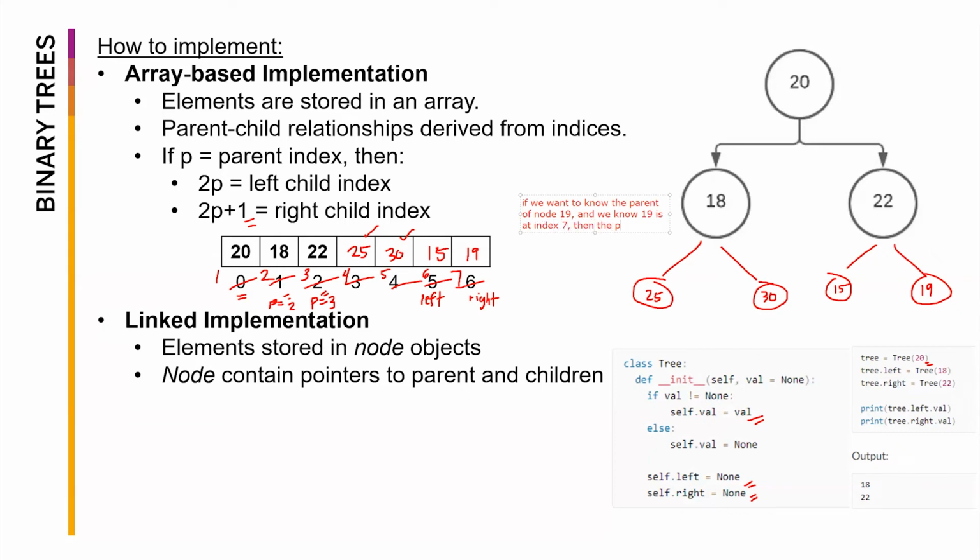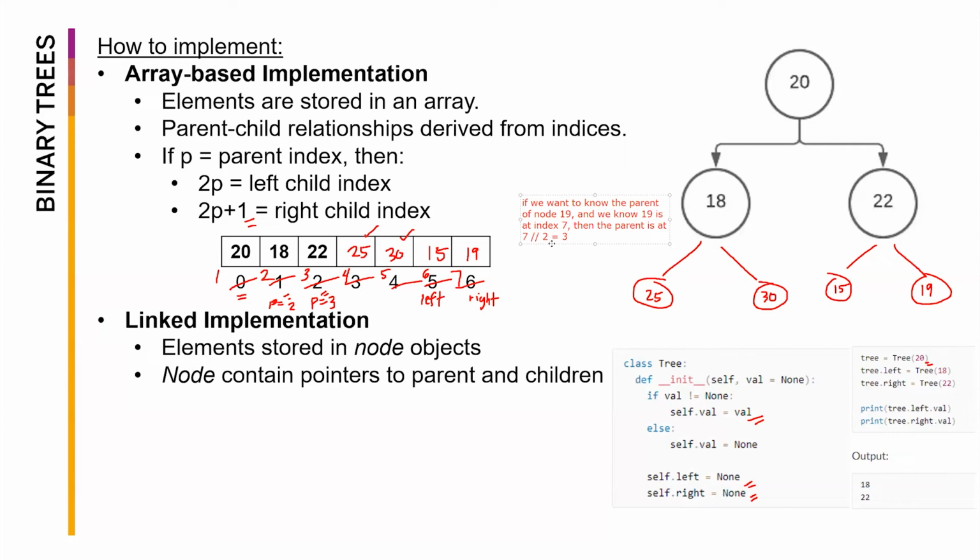Then the parent is at 7 integer division 2. Integer division drops the remainder. So 7 integer division 2, which is equal to 6. Wait, I'm wrong again. Equal to 3.